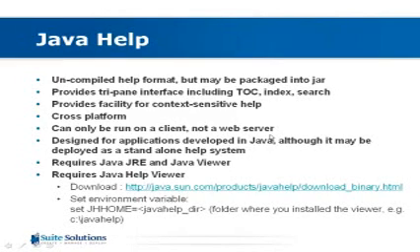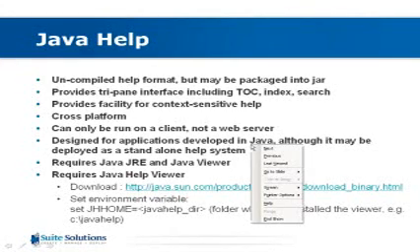It's only a client-side help, though. You can't put it on a web server. Generally, it's used for Java programs, but you can use it as a standalone help system. And you need to have Java and the Java viewer in order to view it. That's the application that you need to view the help.